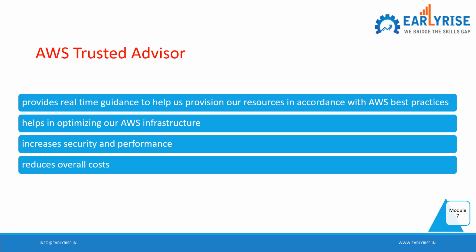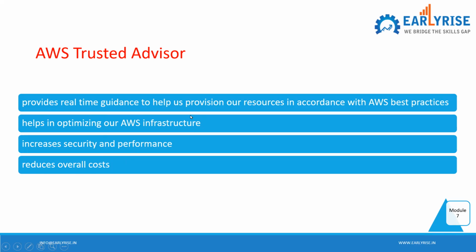It is providing us guidance, helping in optimizing our AWS infrastructure, increasing security and performance, and reducing overall costs. So overall, it's about security, it's about performance, it's about cost, right?